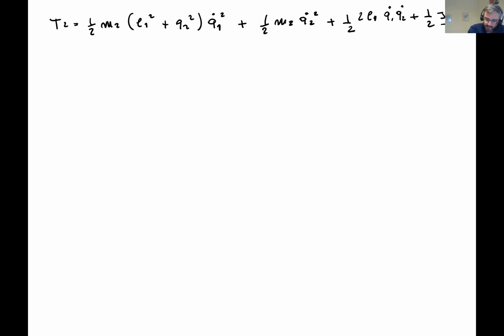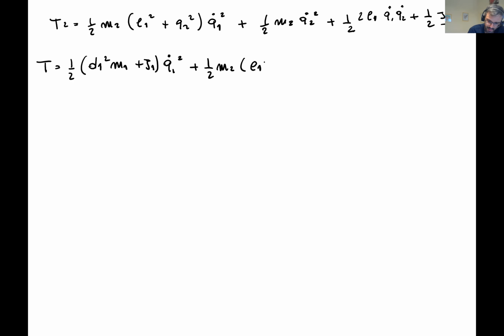So if we put everything together, in essence, we get 1/2. This is the T1 part. And this is the T2 part.